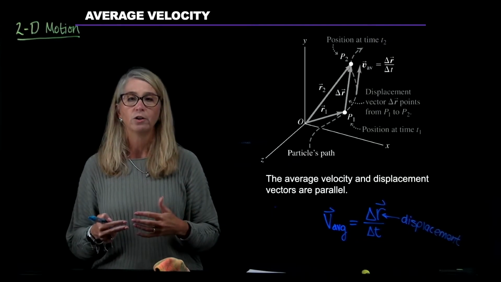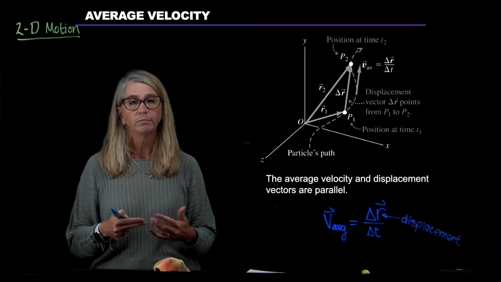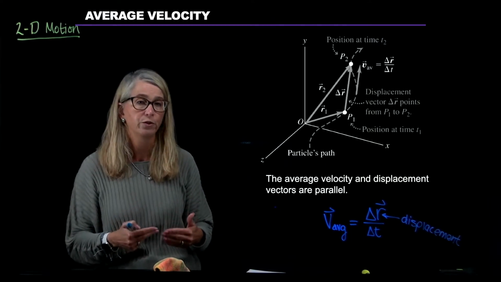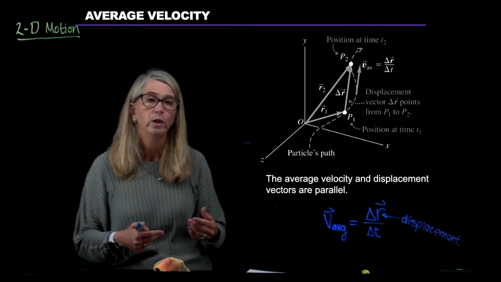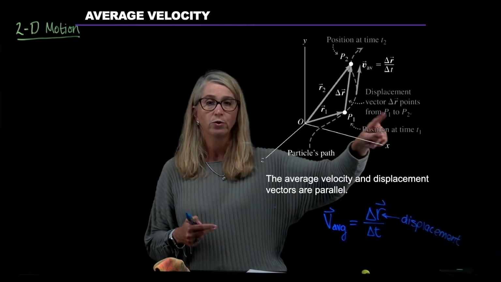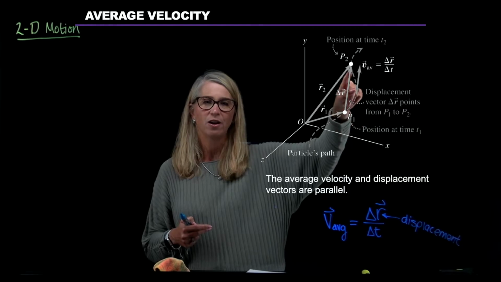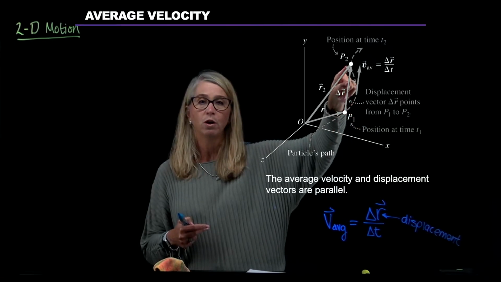So R1 and R2 are two different position vectors at different times. And so if we wanted to find the displacement, which would be the first stage of finding the average velocity, then we would find the difference between those two vectors. And notice that's your delta R, your displacement. Notice how it's drawn. It goes from R1 to R2.